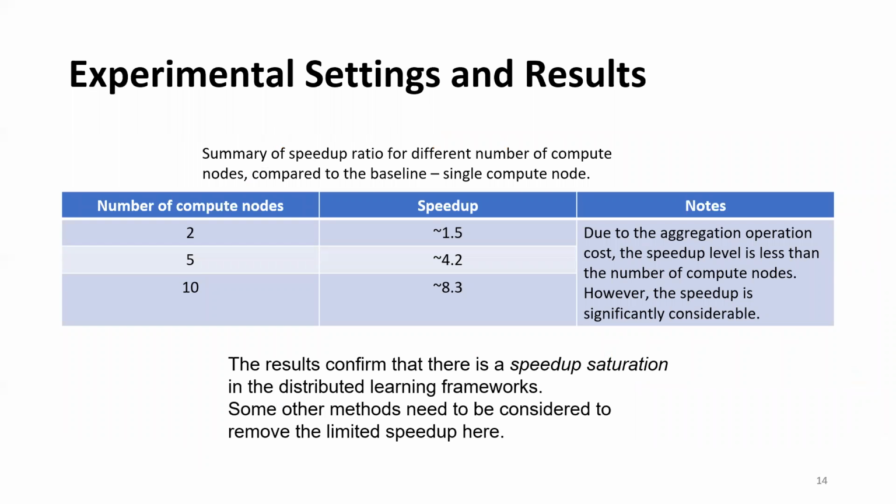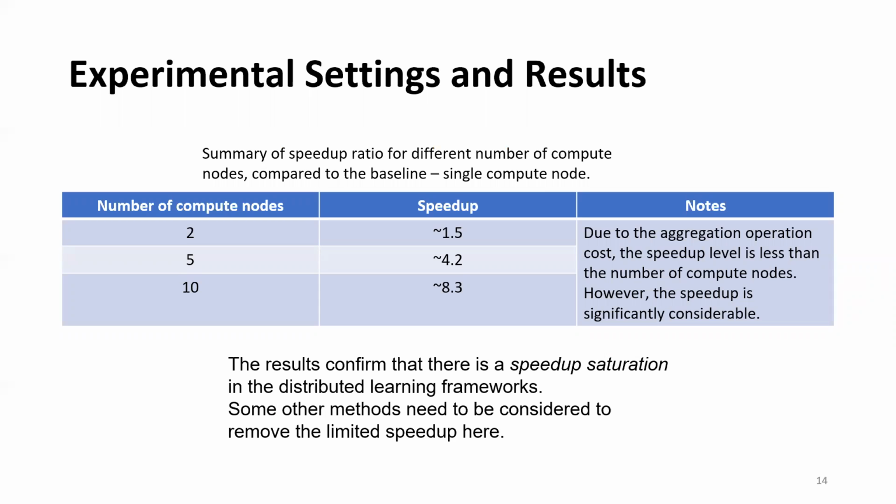In this slide, we summarize the speedup ratio for different numbers of computers compared to the baseline. Here we see that the speedup ratio is considerable. However, the central server needs to aggregate the global model from the computers.